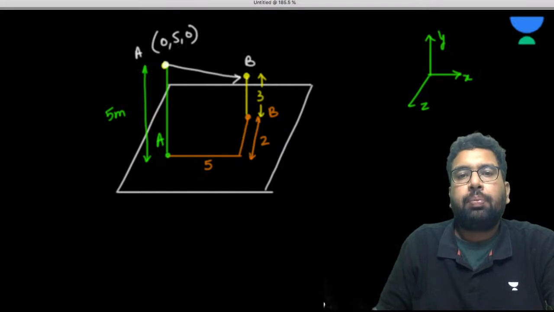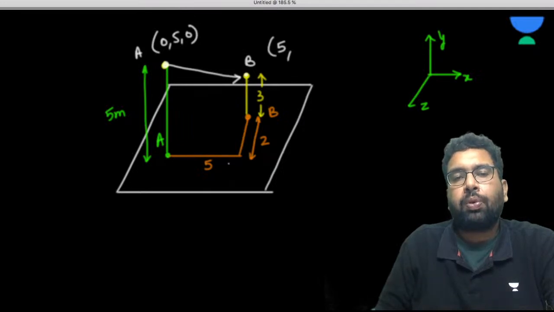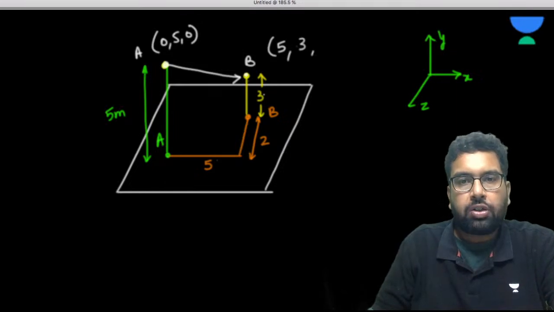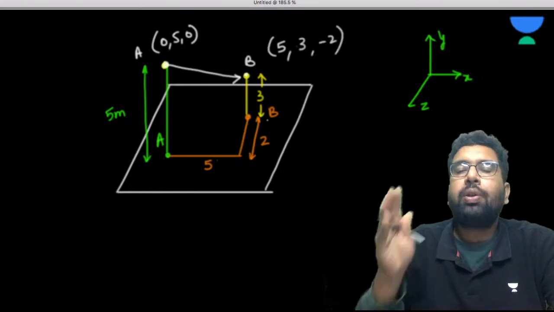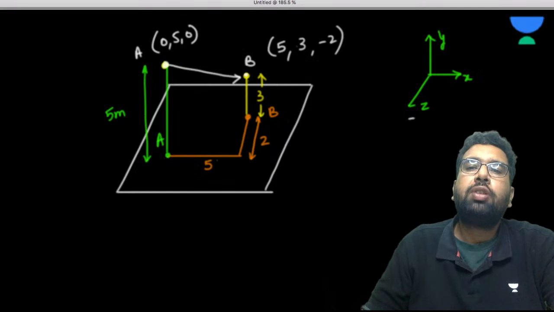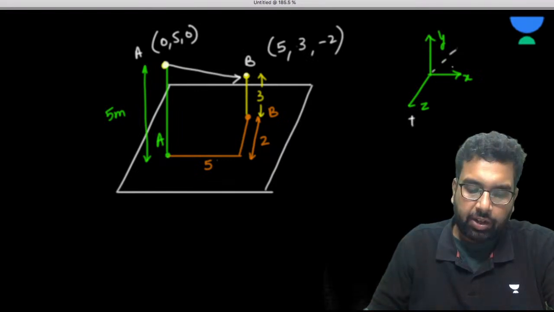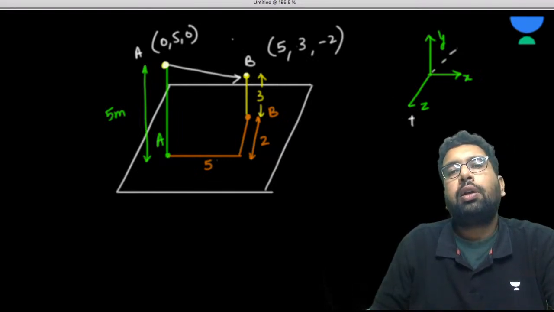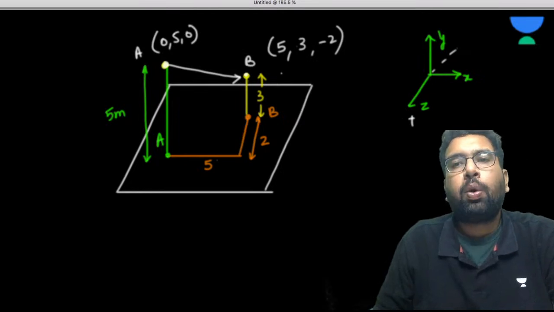Now what is going to be the coordinate of B? The x is 5, because it has moved in positive x. Then the vertical is y, that is 3. And z is -2, because it has moved towards the north. So this is the positive z, and this is going to be the negative z. These are the coordinates of point A and point B.